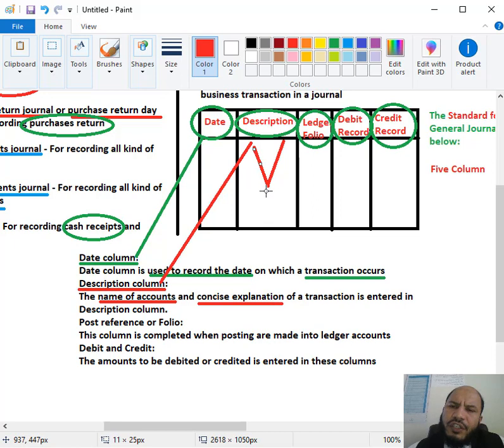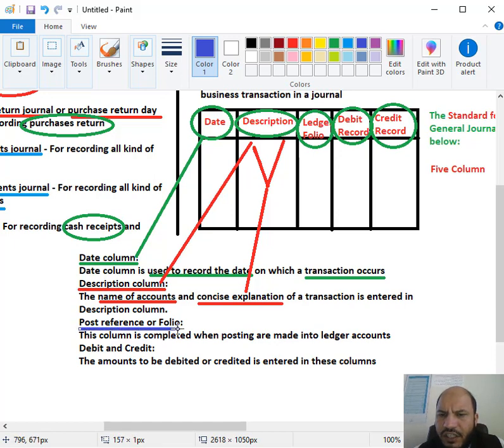Okay, dear students, the third column in the general journal is the ledger folio. What does the ledger folio column tell us? It is also called the post reference.